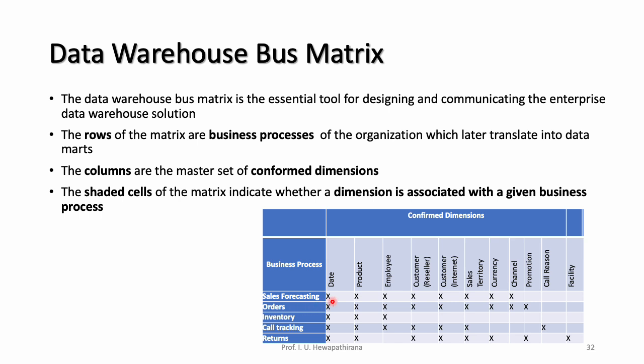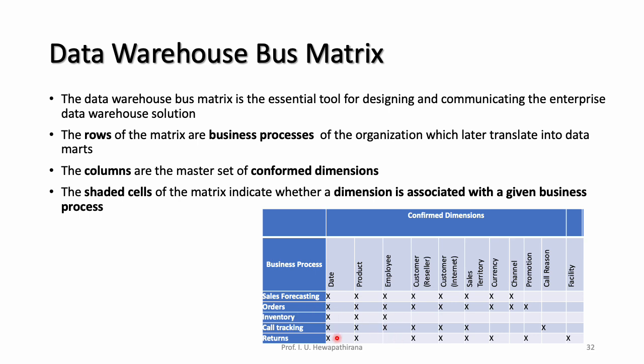This cross indicates, for example, here in the first row, the date, product, employee, customer, customer reseller and customer internal, sales territory, currency, channel. These dimensions are associated with sales forecasting. If you take inventory, the date, product and employee dimensions are associated with inventory.